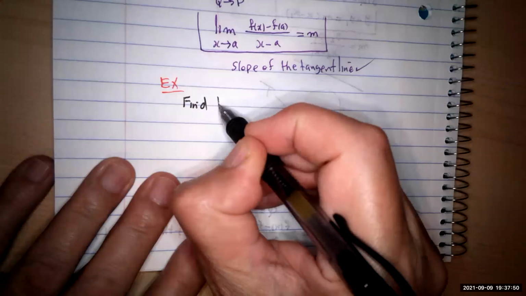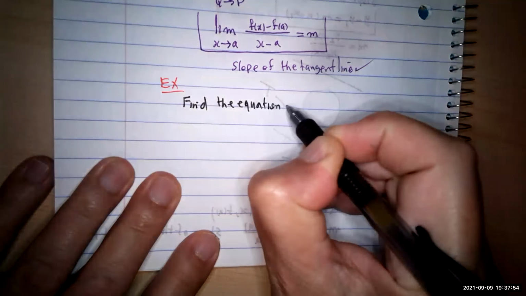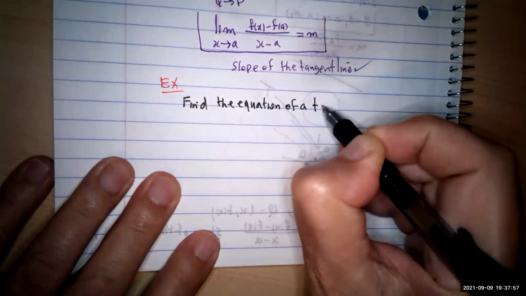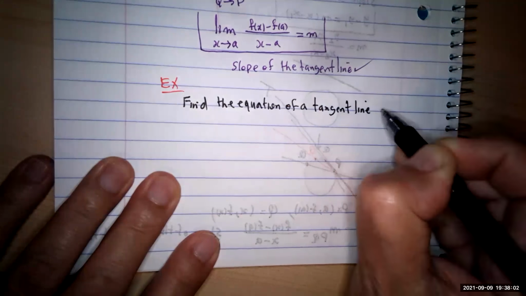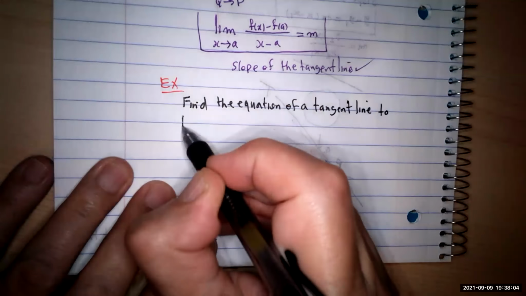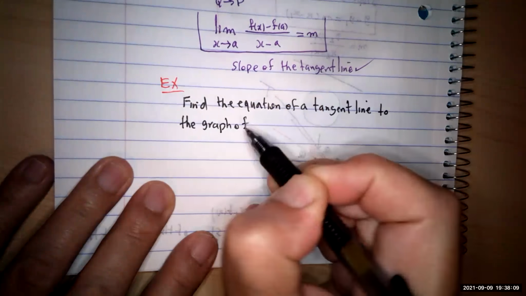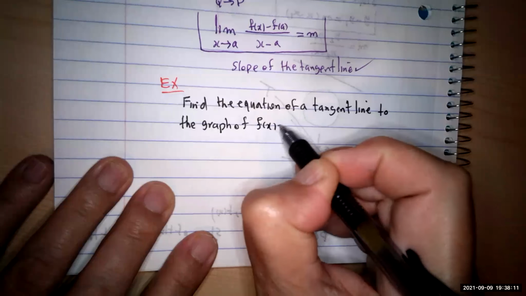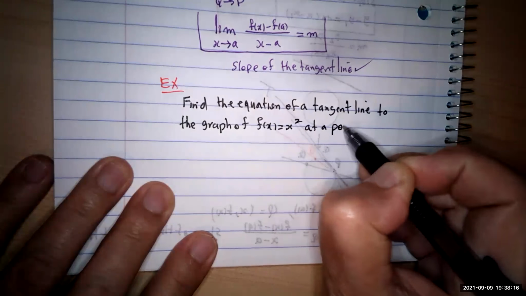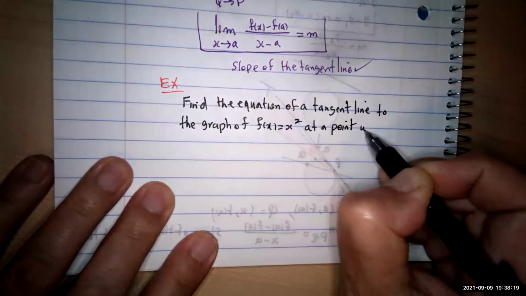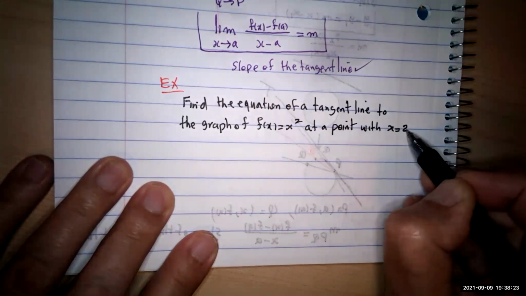We'd like to find the equation of a tangent line to the graph of the function f of x equal to x squared at a point with, let's say, x equal to 2.